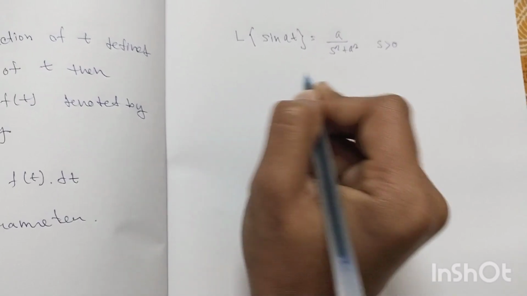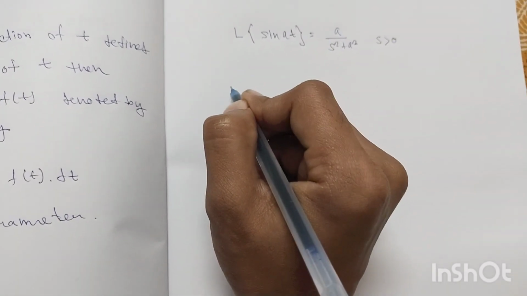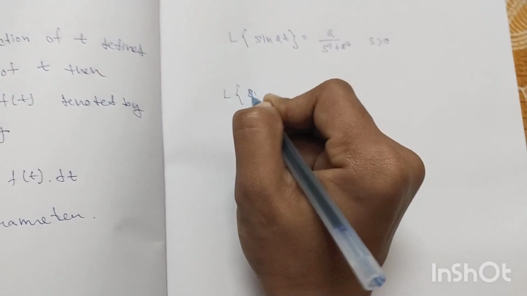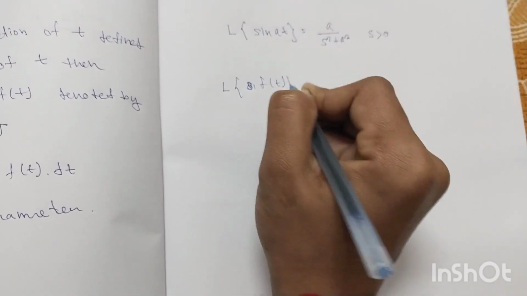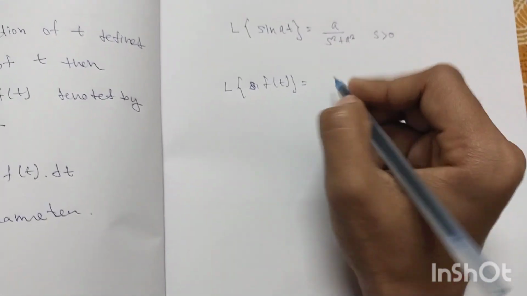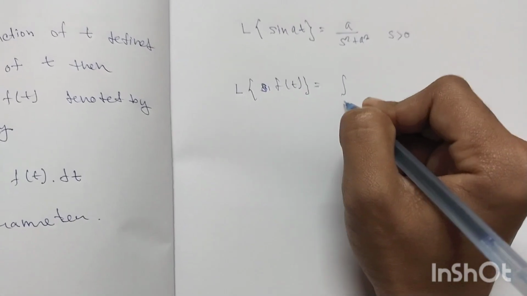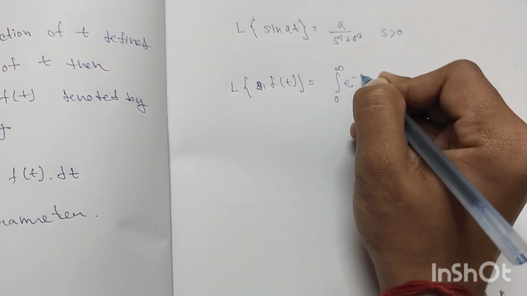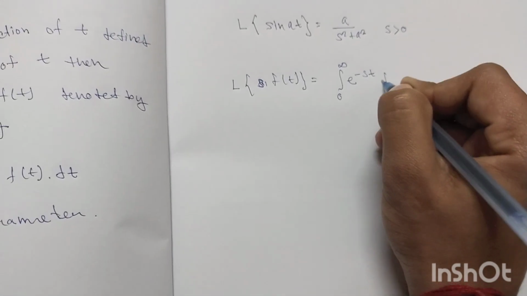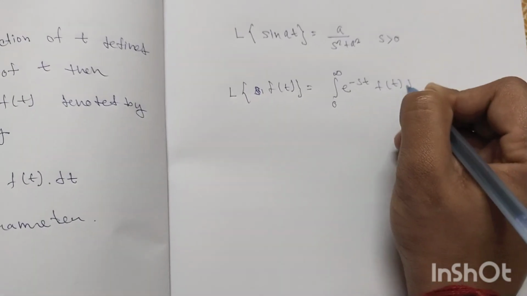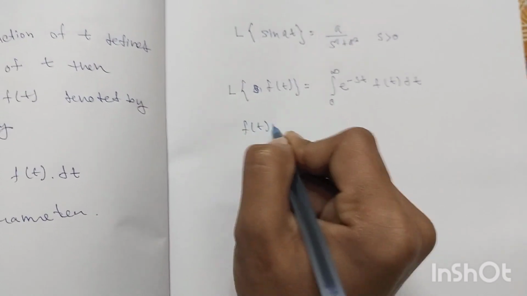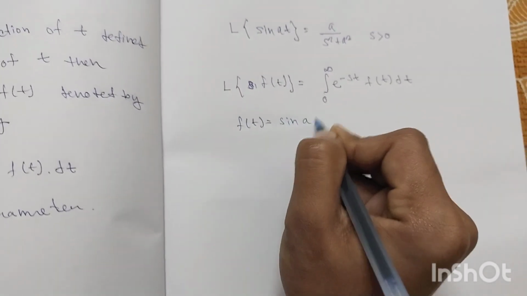So the general formula of Laplace transform is Laplace transform of f of t is equal to integration of limit from 0 to infinity e to the power minus st into f of t into dt. Here f of t is equal to sine of at.